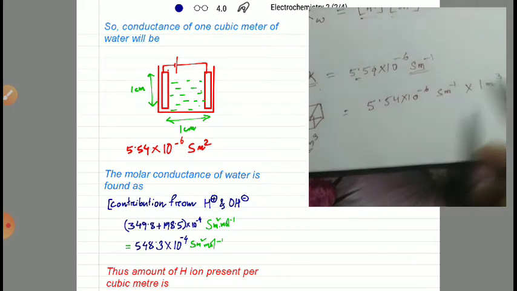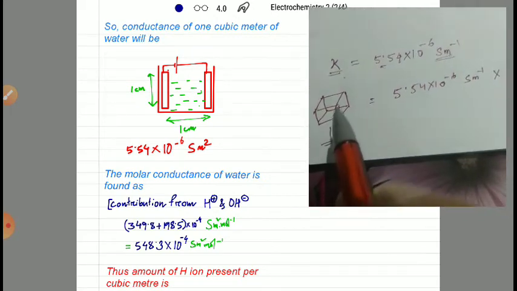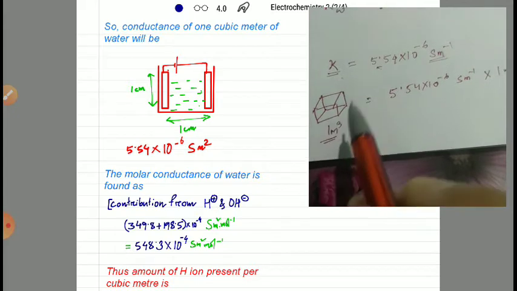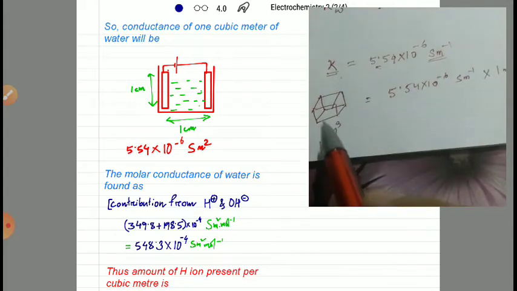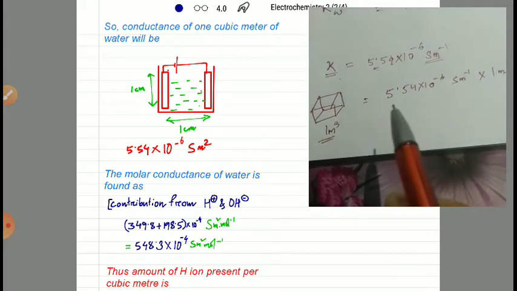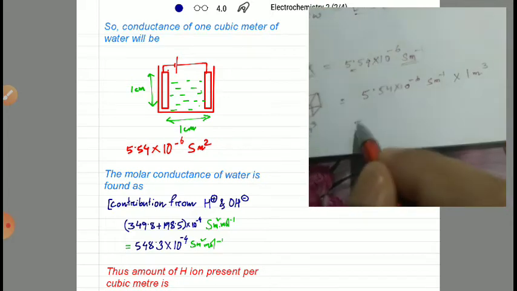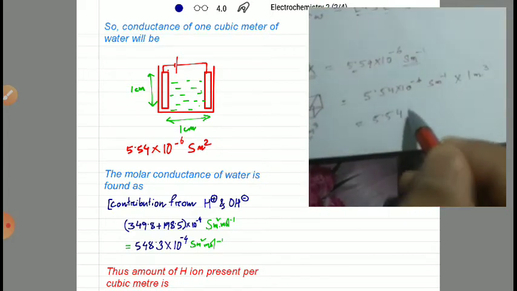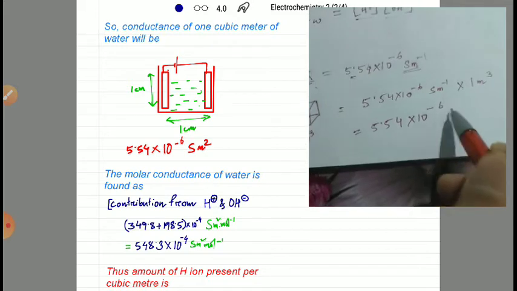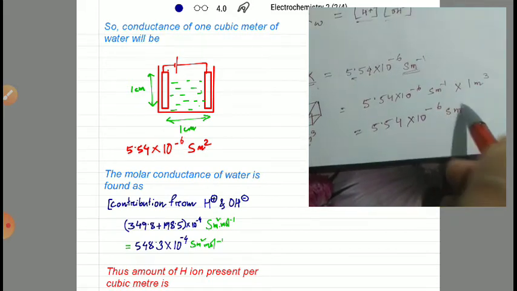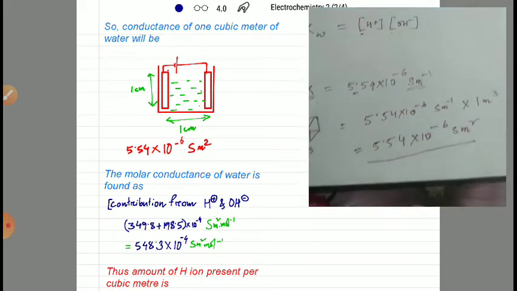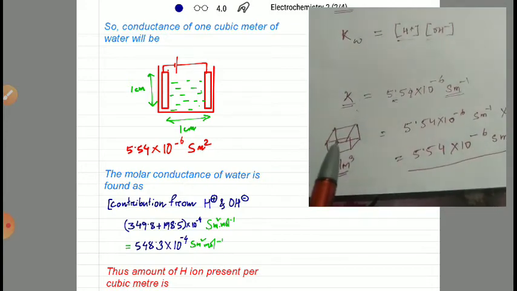This is the conductivity of the whole water present in the box, and that will be 5.54 into 10 to the power minus 6.